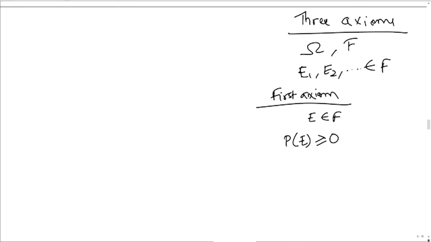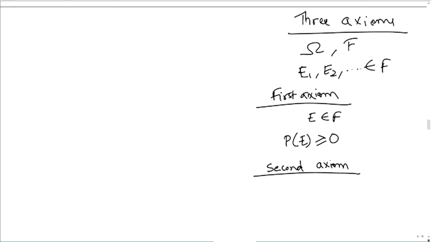So, probabilities cannot be negative. That is the first axiom. It is a simple and straightforward one. So, whatever probability assigner function you have, it has to follow this restriction that it cannot assign a probability which is negative.